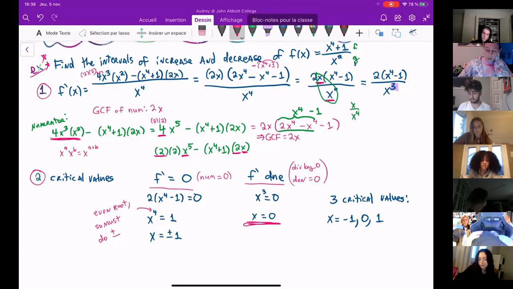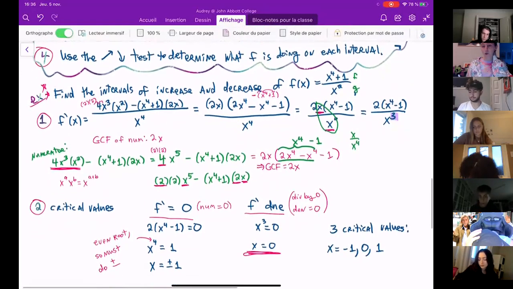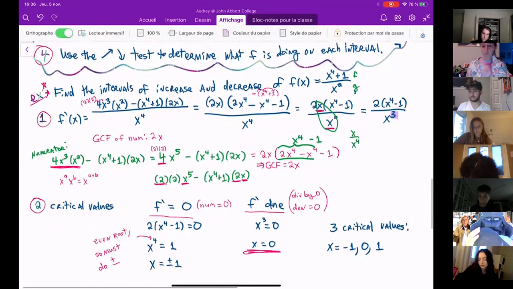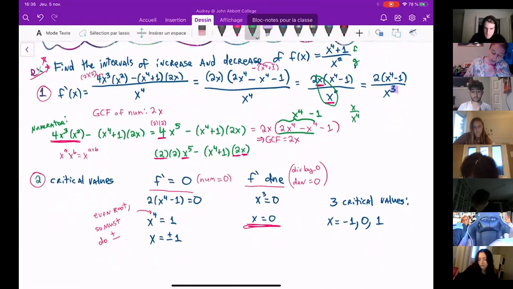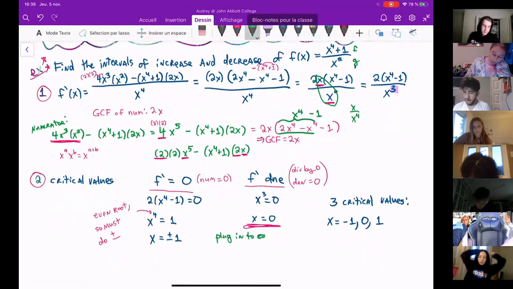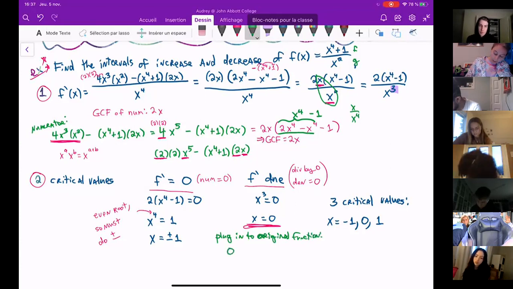So what I want to do here is plug into the original function. Do I get division by 0? I do. What I end up with is 0 to the 4th plus 1 over 0 squared, which is 1 over 0.